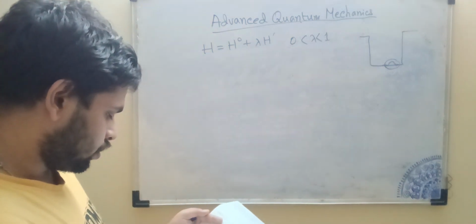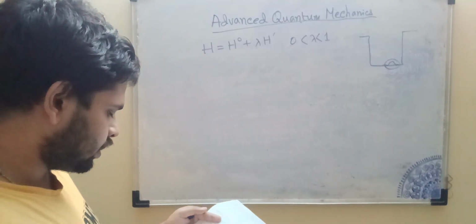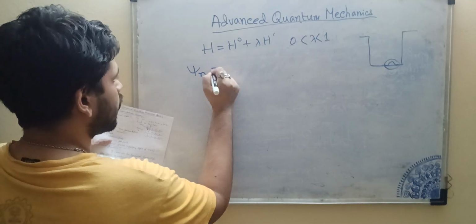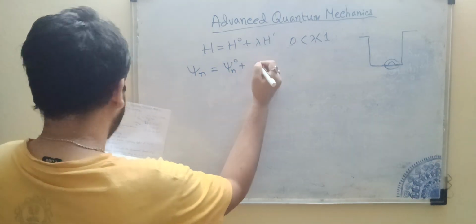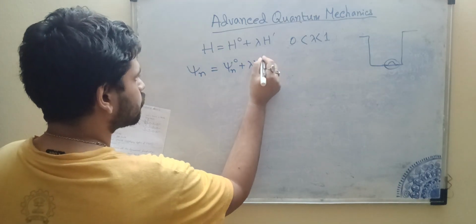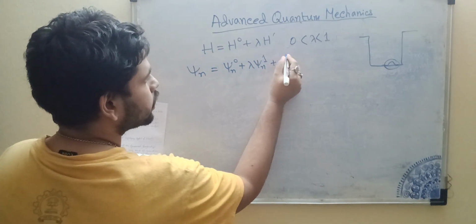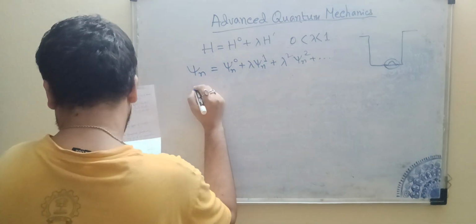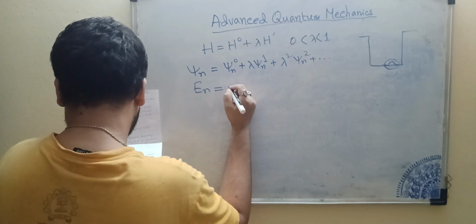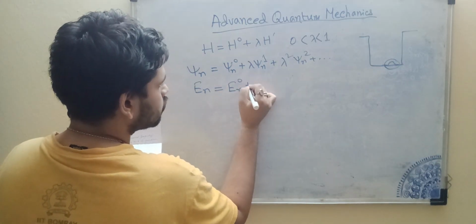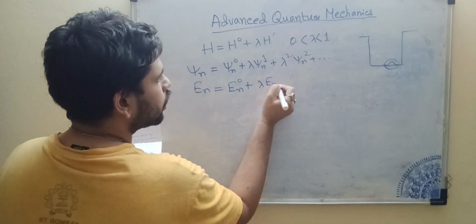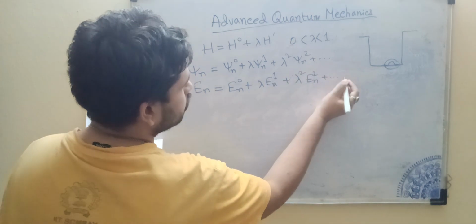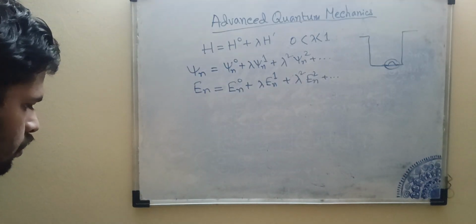Okay. So let's have a series solution here. Let's expand psi n as psi n0 plus lambda psi n1 plus lambda square psi n2, the second order perturbation, and so on. The corresponding energy eigenvalues will be En0 plus lambda En1 plus lambda square En2 plus so on.